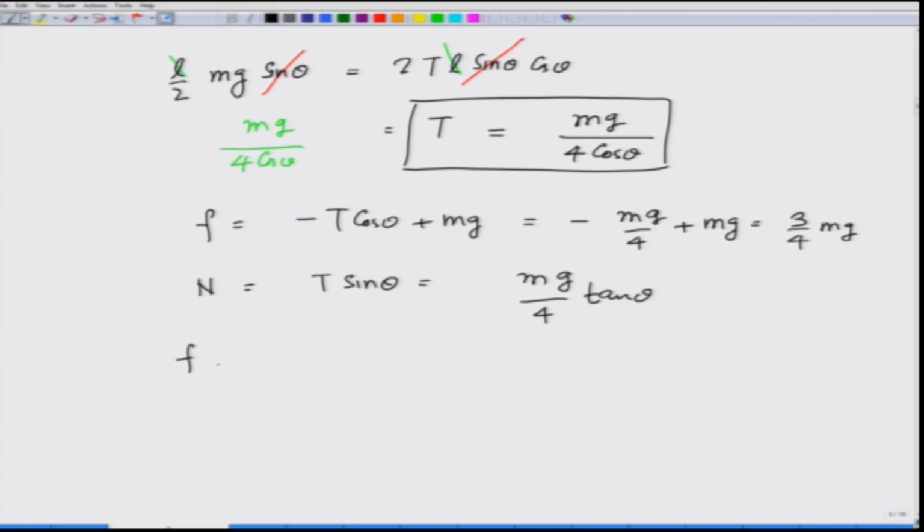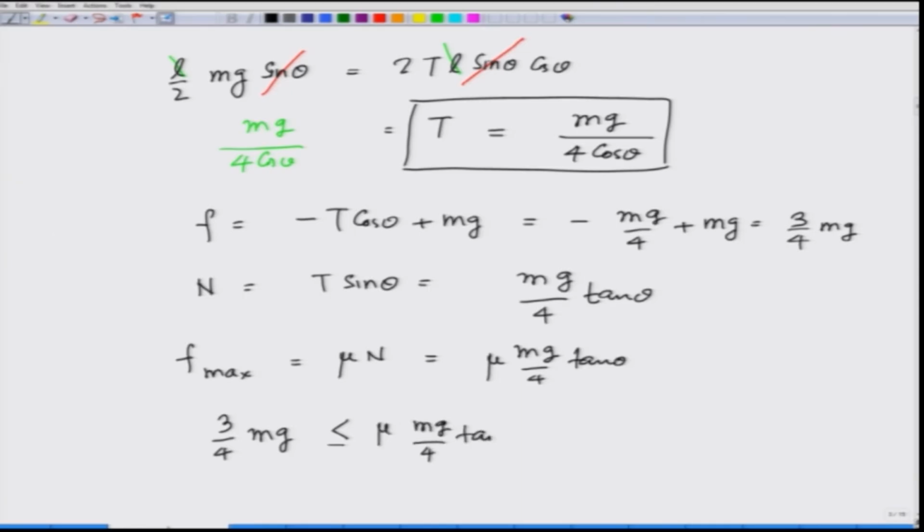Now, frictional force maximum would be equal to mu times n. So, frictional force maximum is equal to mg by 4 tangent theta times mu. So, 3 by 4 mg, which is the frictional force required for the frame to be in equilibrium, should be less than or equal to mu mg by 4 tangent of theta.